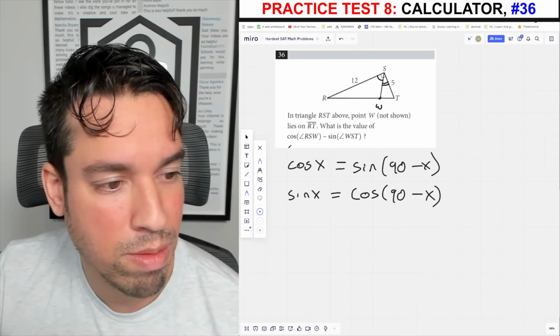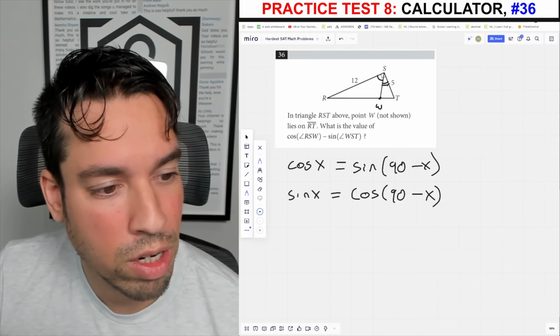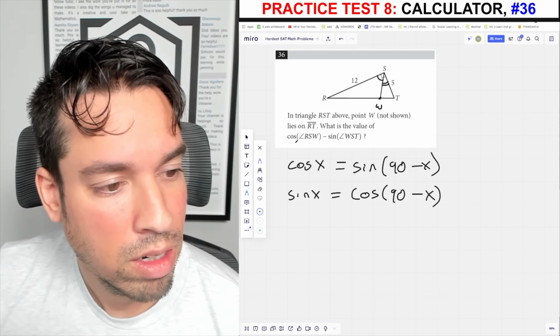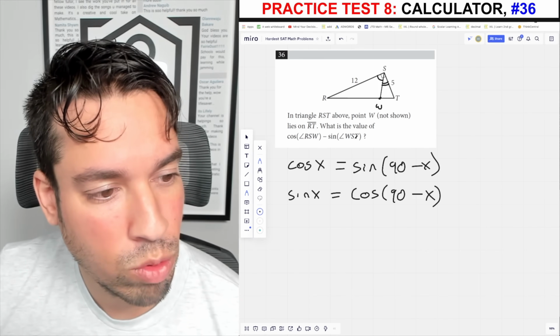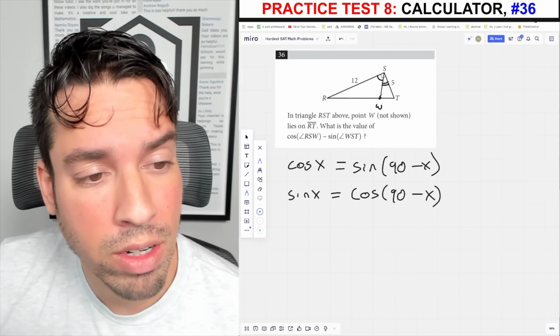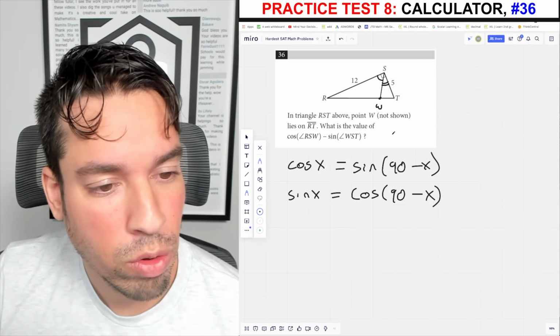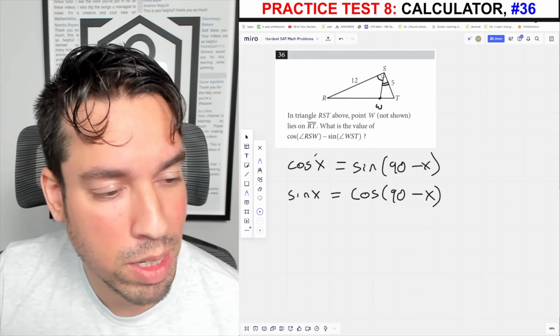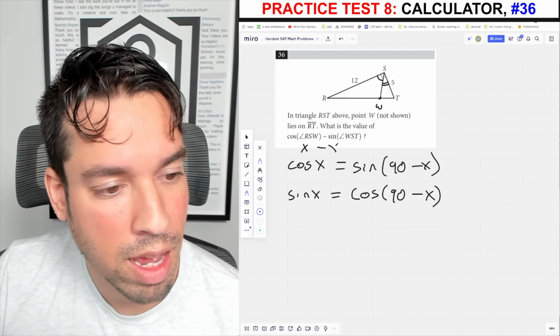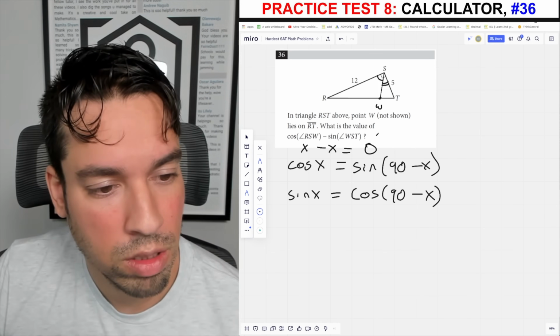But it doesn't matter which way we think about it. Bottom line is, these two are complements. So I'm saying this is actually equal to this, whatever it is. It doesn't matter. W can be anywhere here, but these are always going to be complements. So you could even think about it as x minus x, which is, of course, 0.